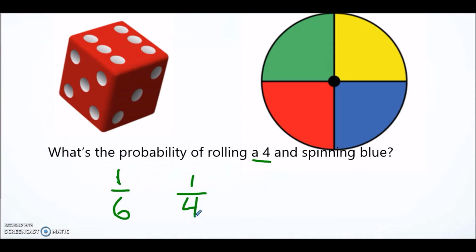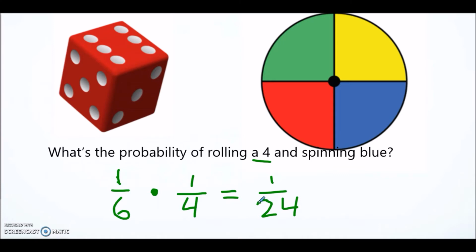What do we do with these two fractions? We multiply. And when you multiply fractions, you do not need common denominators, but you do multiply straight across. 1 times 1 is 1. 6 times 4 is 24. On some problems in our packet, we can leave it as a fraction.